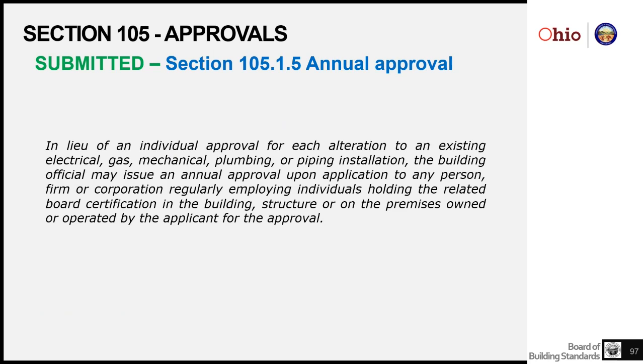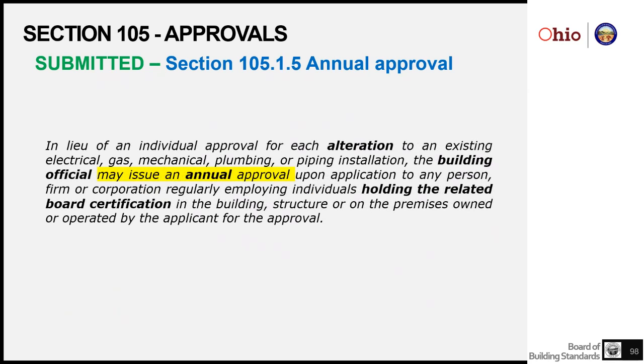This one is for alterations to building systems primarily, building service systems, building service equipment. It can be issued by the building official, and it's basically an annual approval, and it's issued to a company or corporation that has a person employed at the company who holds a certificate from the Board of Building Standards for the type of work that they are doing.